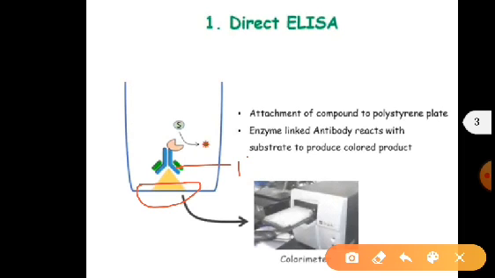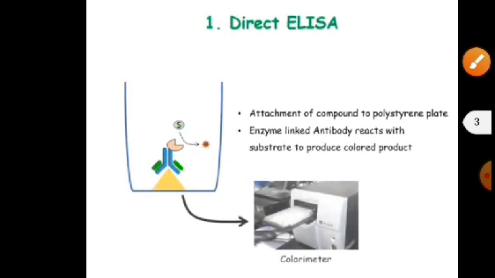When wash is given, the excess antibodies which are not bound get washed. After that substrate is added. If the target antibodies are present in the sample, the substrate produces color and from that we come to know the antibodies are present in the sample and test is positive.